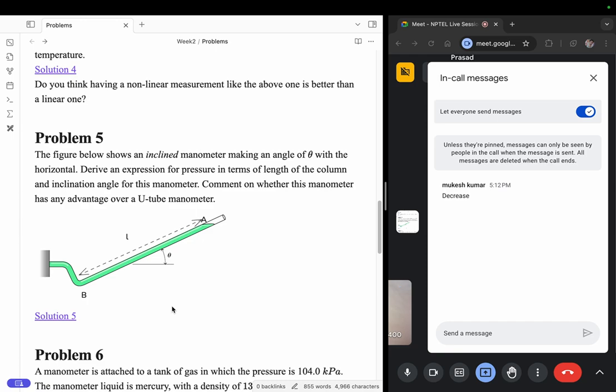Sir, how can I know that I can use hydrostatic pressure there? So you are asking how you get hydrostatic pressure at point B. The reason for hydrostatic pressure is whatever fluid is sitting on top of that, right?